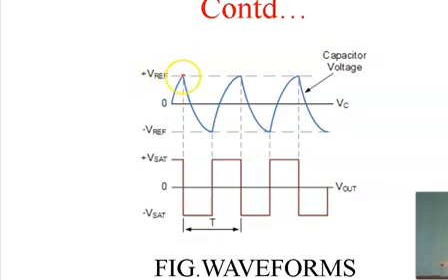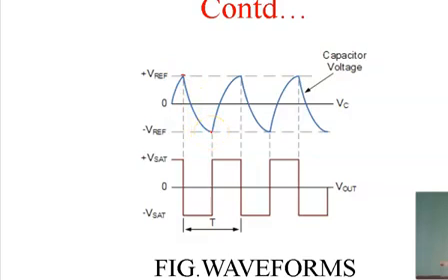Once it reaches the voltage beta V saturation, the output voltage switches to minus V sat. Then the voltage across the capacitor starts discharging.